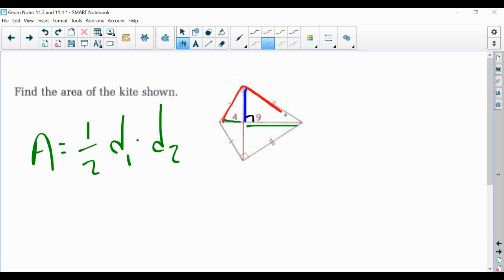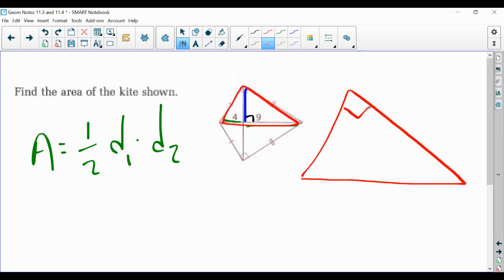All right. I'm going to redraw this triangle off to the side and make it a little bigger. Notice that it is a right triangle. That's unique to this kite. That doesn't happen with all kites. And we are drawing an altitude down to the hypotenuse of that right triangle. And what might come to mind is the similar right triangles, small of the small, medium of the medium, large of the large, that stuff.